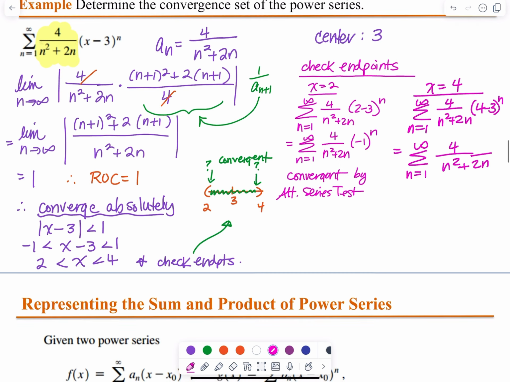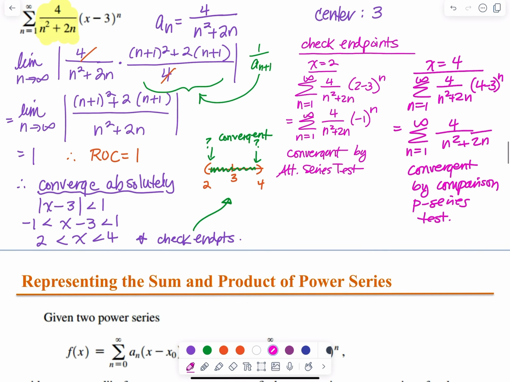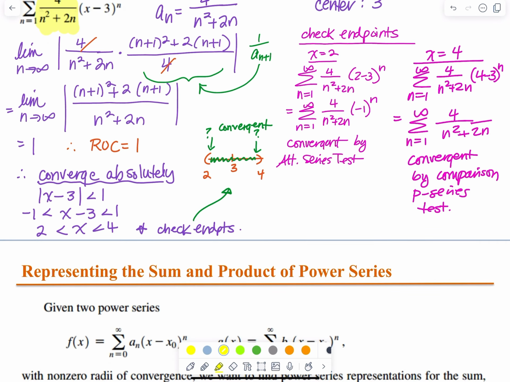And of course, this is convergent by comparison to the p-series test, p equal to 2. Okay, so we're convergent at both endpoints, at x equal to 2 and x equal to 4. And therefore, our interval of convergence is the interval from 2 to 4, including 2 and including 4.